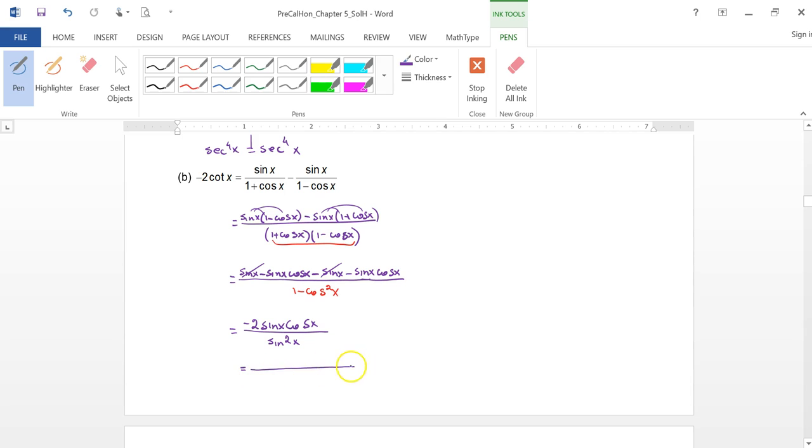One sine cancels with one sine. Negative 2 cosine x over sine x equals negative 2 cotangent x, which is what we had here. Okay? What about the minus cosine x? Oh, no. Okay. I get it.